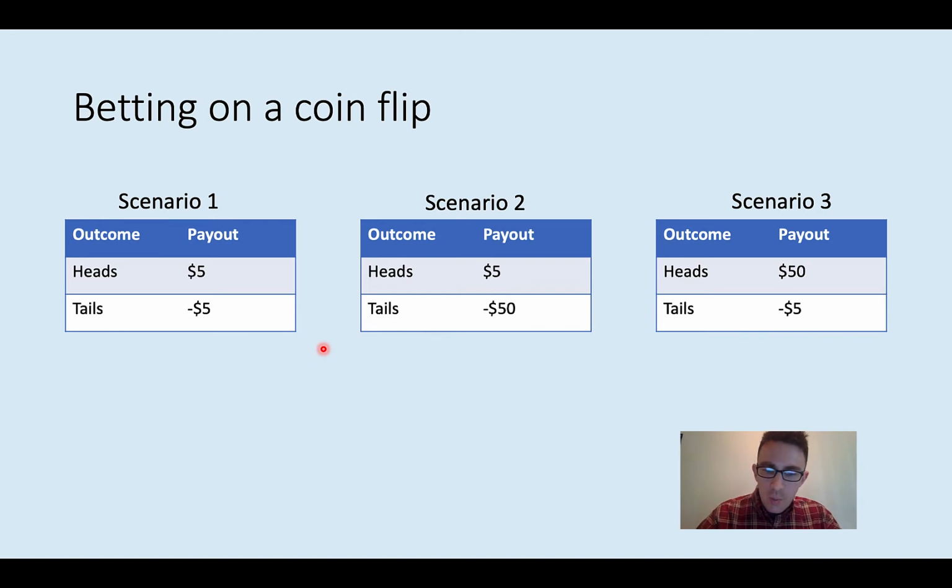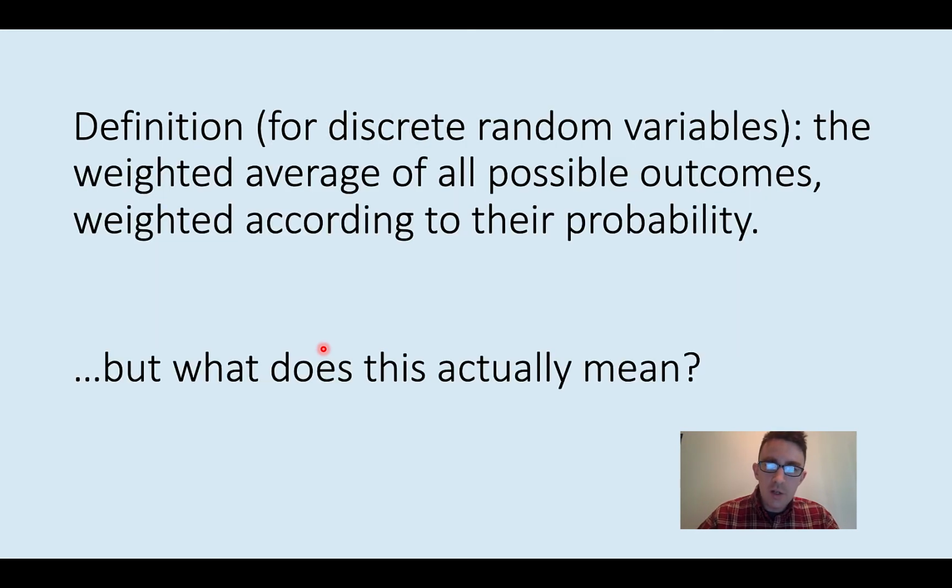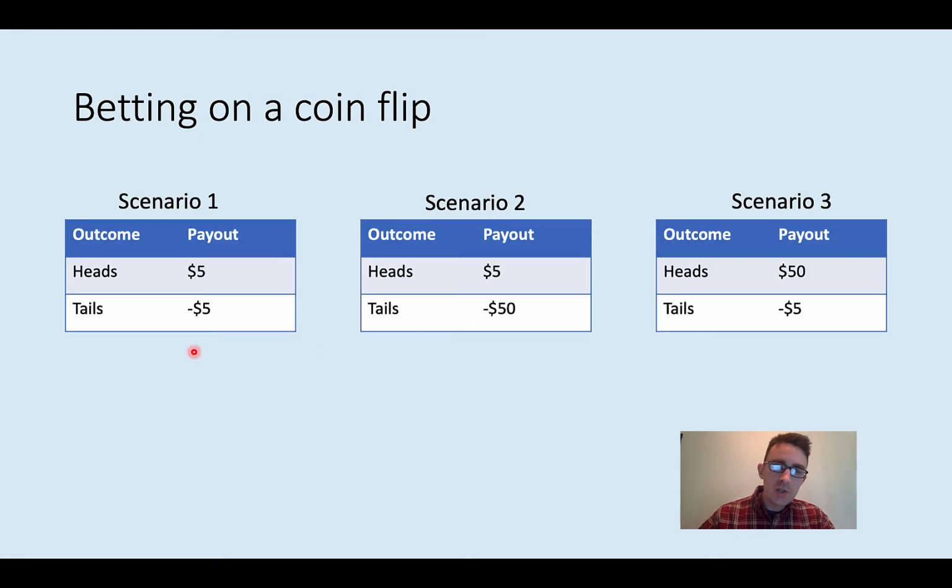This is where we can think about expected values and start to gain some intuition for them. Like we said with the definition, an expected value is the weighted average of all possible outcomes, weighted according to their probability. For these, it's a fair coin flip, so the probability of each one is 50%, or 0.5.